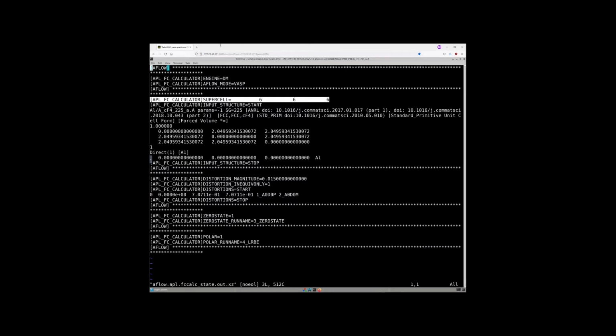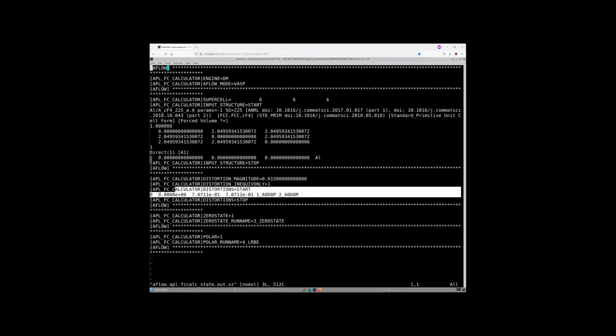Here's just the structure. The other thing that's important is this one here: the distortion vector. We see this is in Cartesian coordinates, and it was distorted along 0, 1 over square root 2, 1 over square root 2. So it was distorted not along x, y, or z, but along a face diagonal.